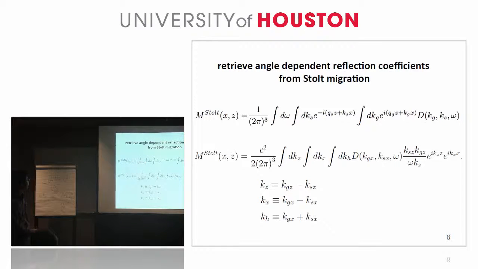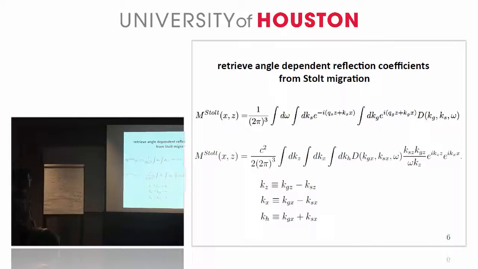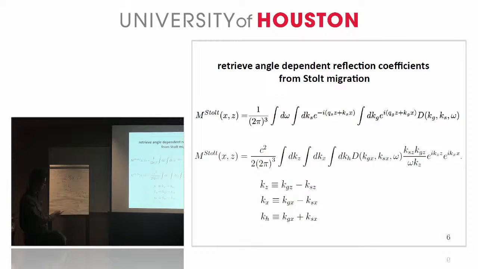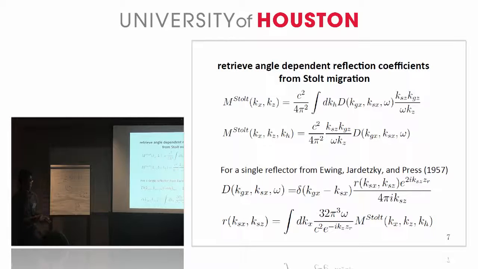First, let's see how we can retrieve the angle-dependent reflection coefficient from Stolt migration. The first equation shows the Stolt migration formula. I'm not going to take you through all the details. What is going on here is that because Stolt migration can give us a source and receiver experiment at depth, we can arrange the Stolt migration to give us an image with subsurface offset.